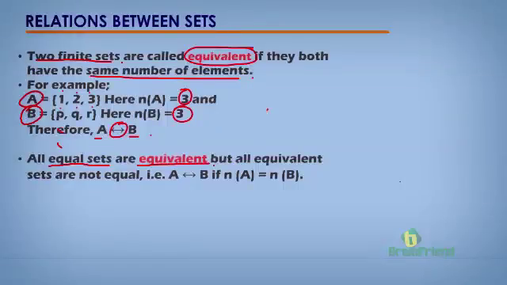So if A is equivalent to B, it means that if there are 5 elements in A, and they are, for instance, the numbers 1, 2, 3, 4, and 5, there would also be 5 elements in B with the same elements 1, 2, 3, 4, and 5. Such sets are equal.